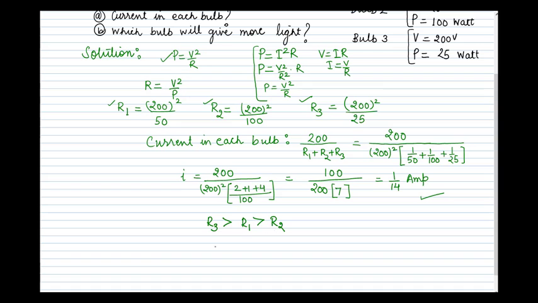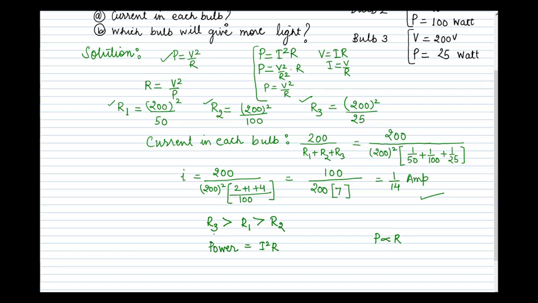Now again we know the power. Power is equal to I square R. So the power will be proportional to R because the current we have calculated is the same. Current is 1 upon 14 ampere, so the power will only depend on the resistance. If the resistance has a high value, power will be high. Who has the largest resistance?